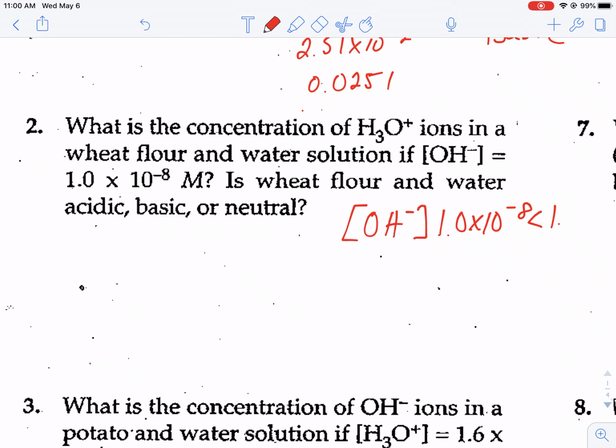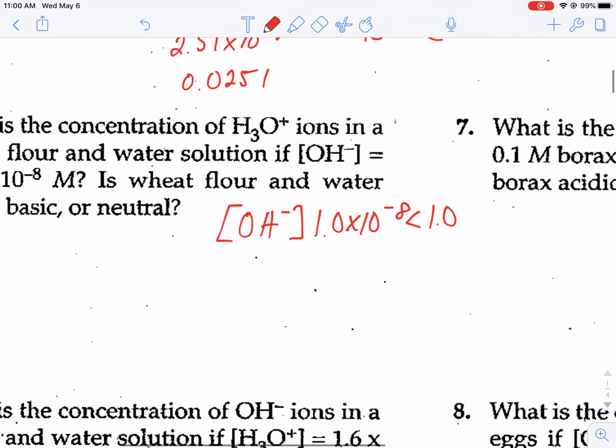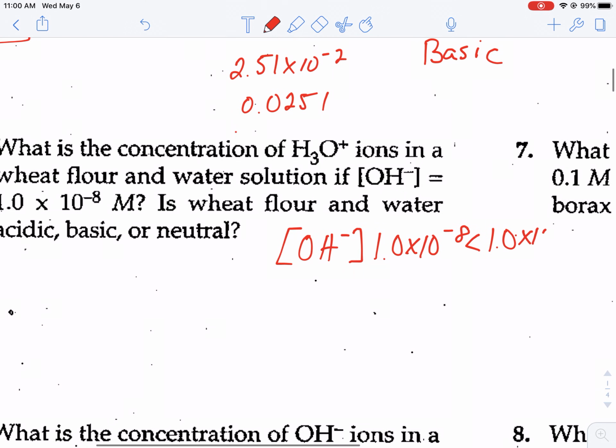This is less than 1.0 times 10 to the negative 7th. And because I know hydroxide is less than 1.0 times 10 to the negative 7th, I know that hydronium is then going to be greater than 1.0 times 10 to the negative 7th because there's an inverse relationship. So I already know that this is acidic.